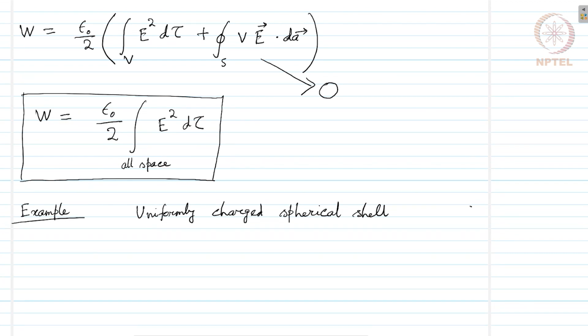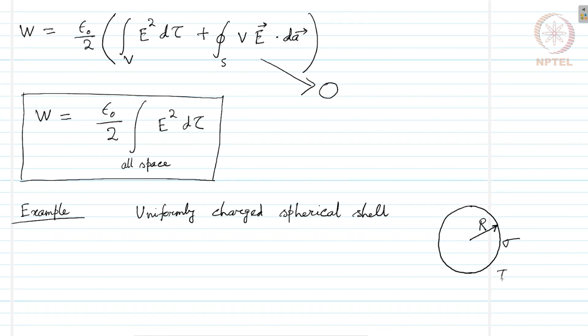We consider a uniformly charged spherical shell as drawn here, and because it is a spherical shell, it will only have a surface charge distribution. This much is the radius R. And the work done for this distribution, well, the total charge is q.